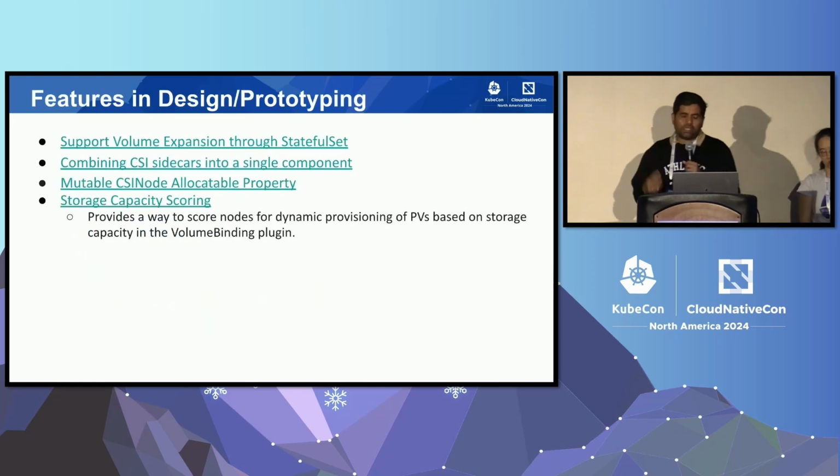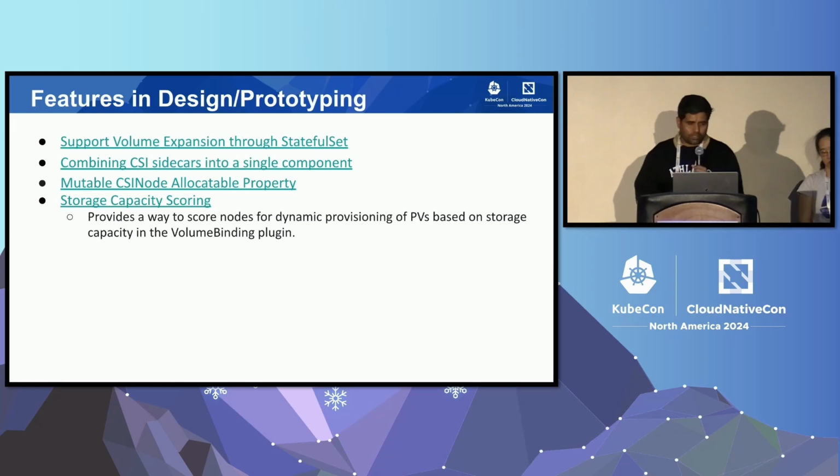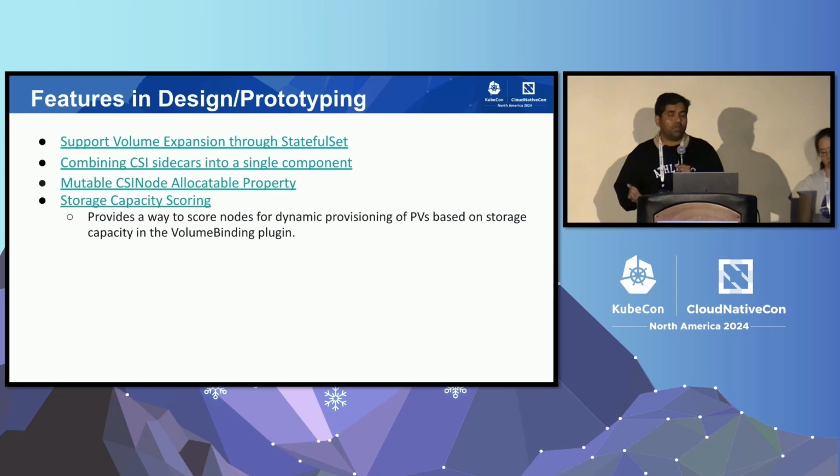Some of the features that we have been working towards, which are in various stages of design and prototyping, we are not shipping in 132. One of them is supporting volume expansion through stateful set. Currently, if you're using a stateful set, the only way to expand the volume is to expand each PVC individually, which could be tedious.